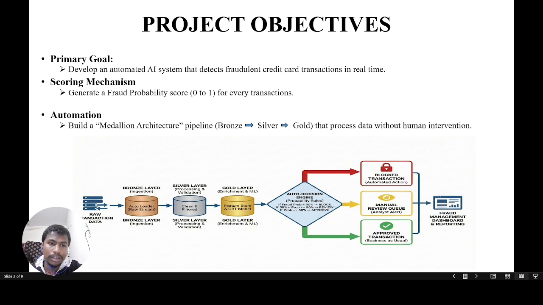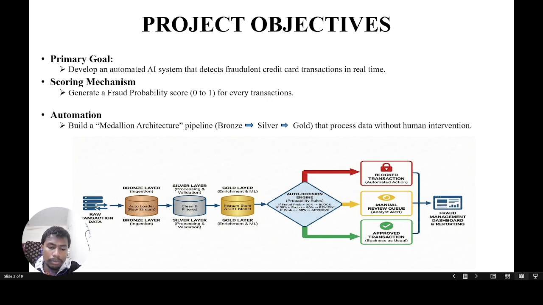The data then flows from the silver layer to the gold layer, where different features are created from the clean data, and they are used to train a machine learning model named gradient boosting. After training the model, the AI system decides whether the transaction is fraud or not with the help of the probability score associated with the transaction.